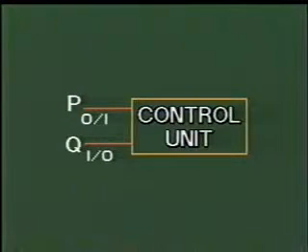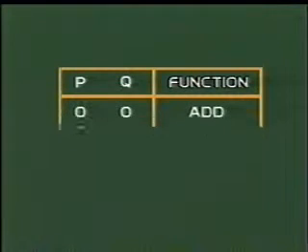This microprocessor has two inputs, P and Q. Each one can be assigned the value with either 0 or 1. By assigning different values to P and Q, we can have 4 different combinations. Each combination will correspond to different functions.